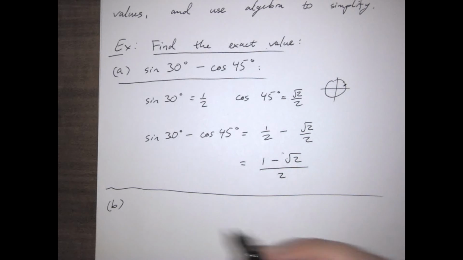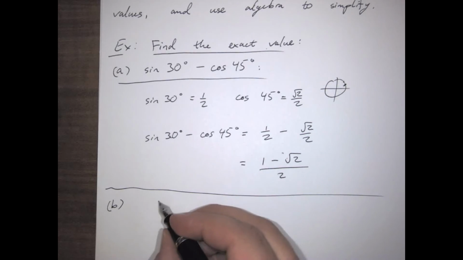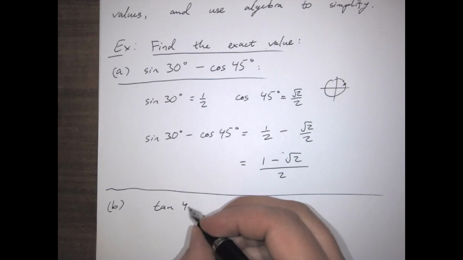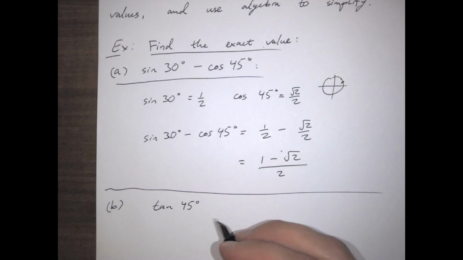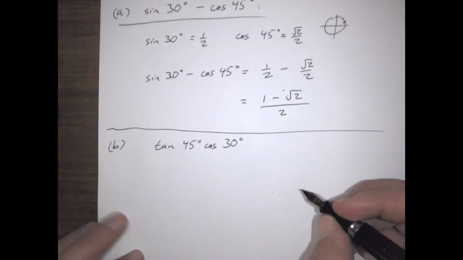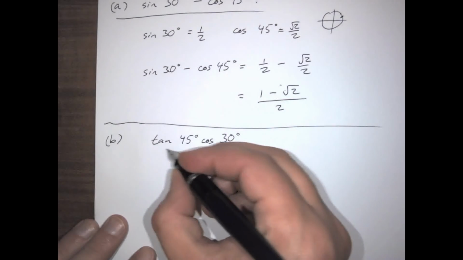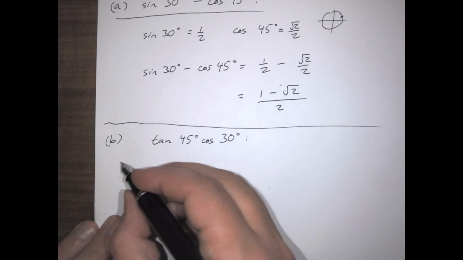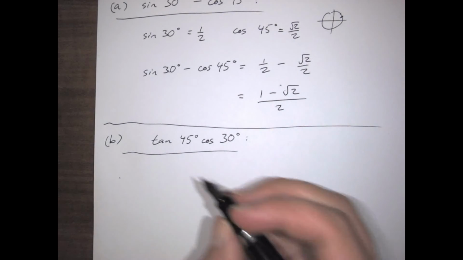Now let's see, how about something like this? Tangent of 45 cosine of 30. Alright, well again, we need to figure out the pieces before we can find the overall result.